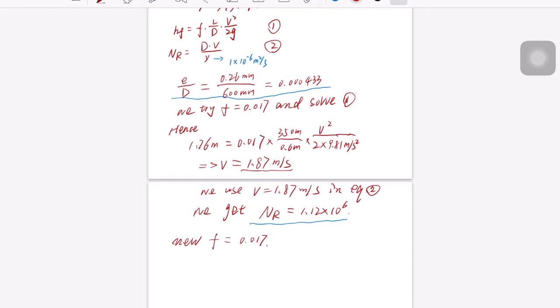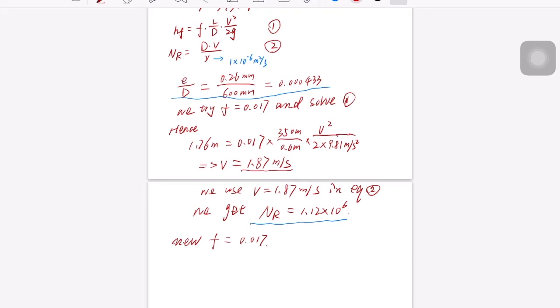In this question, the assumed trial F is equal to the computed F, so we can use the velocity to calculate the discharge.